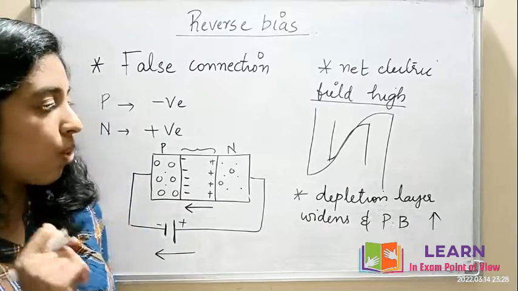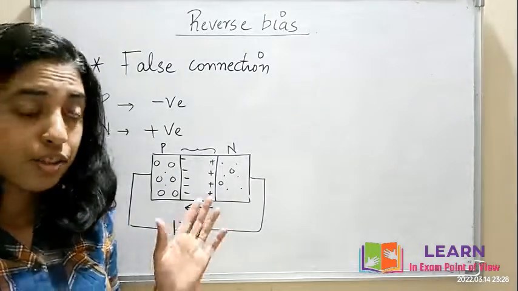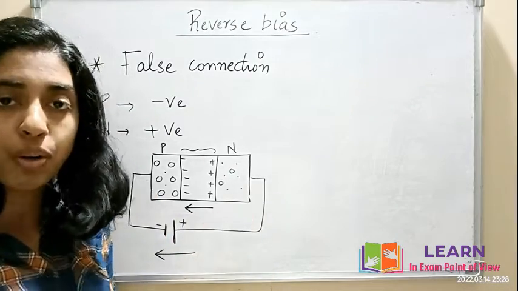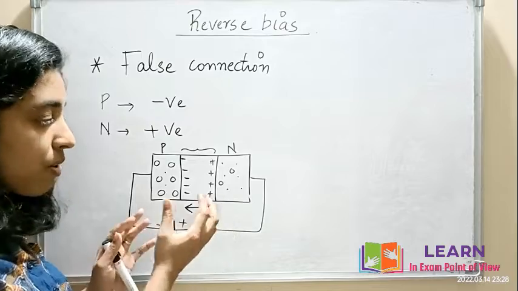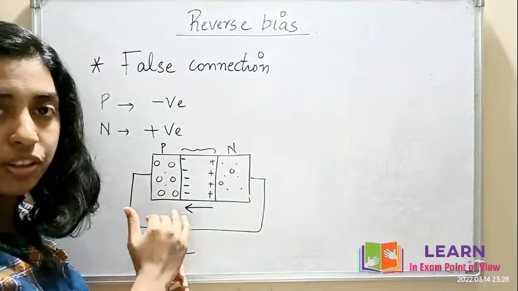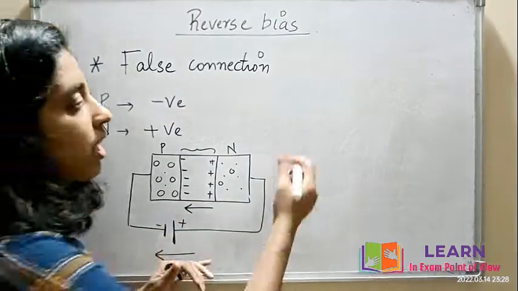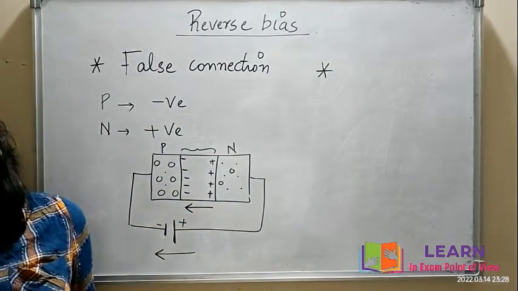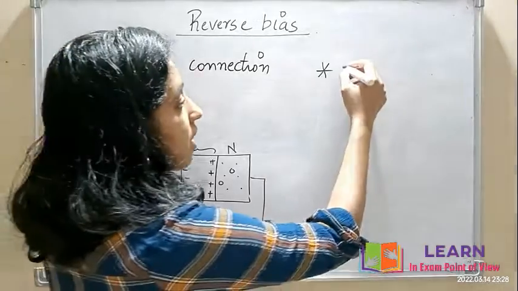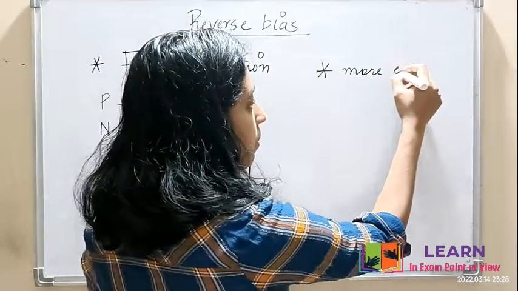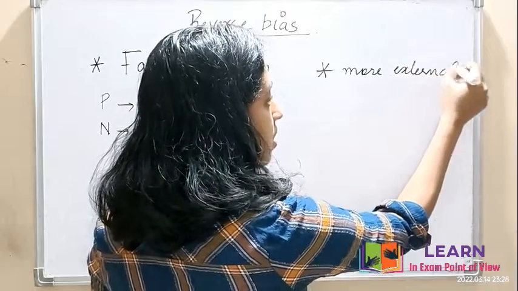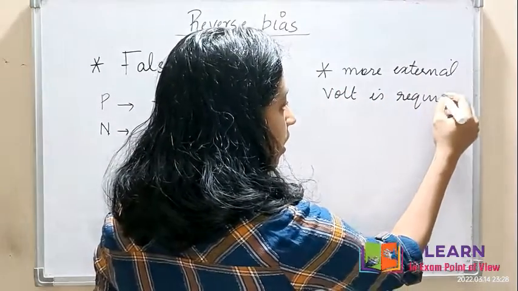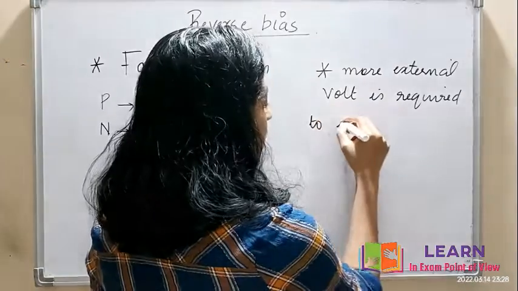Okay. So now, due to this situation, we need to apply a large external voltage in order to have some movement of electrons. High external voltage has to be applied. So that point also you can write. That is, more external voltage is required to constitute current.